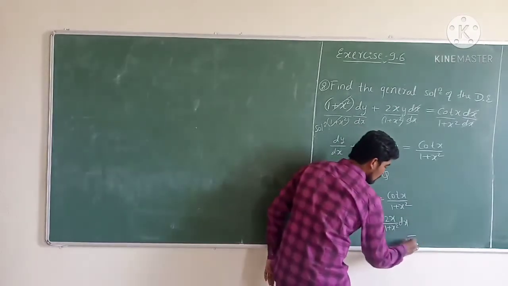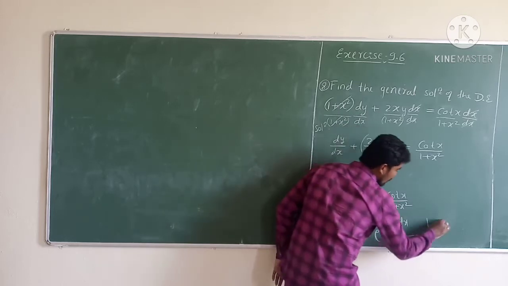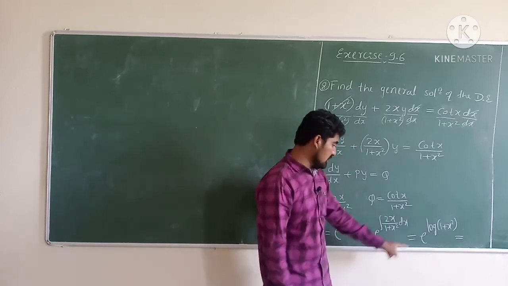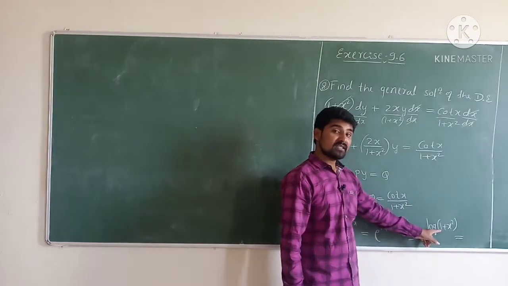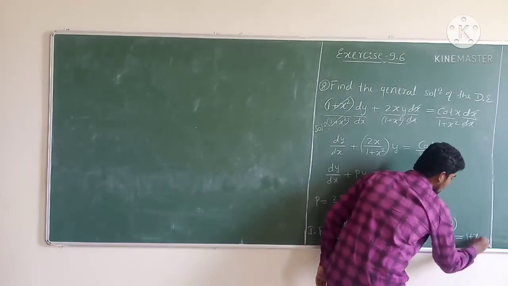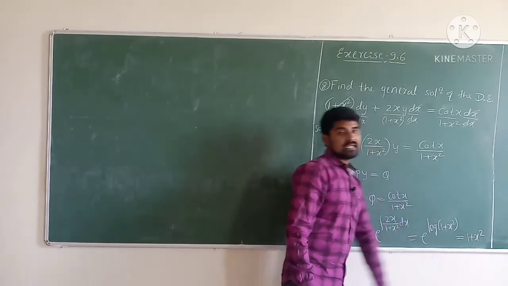Therefore it is equal to e power log of f x, where the value of f x is 1 plus x square. So e power log f x is f x. Therefore the integrating factor is 1 plus x square.